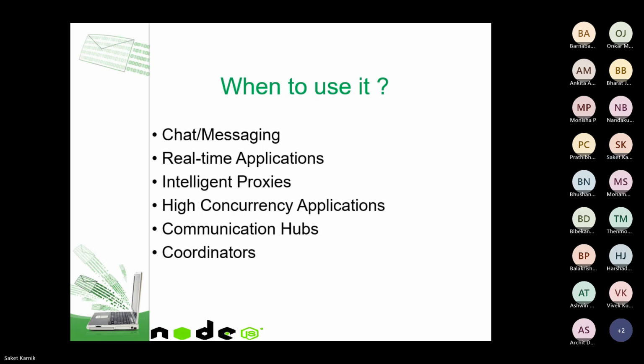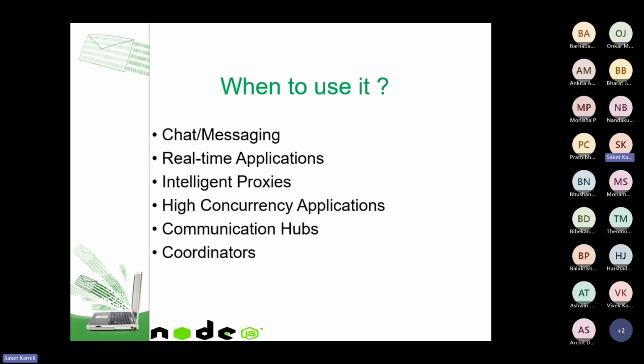Okay. So when actually we use this non-blocking behavior of Node.js, here are some of the use cases. If we are trying to build some chatting, messaging program, or some real-time applications, intelligent proxies, high concurrent applications.